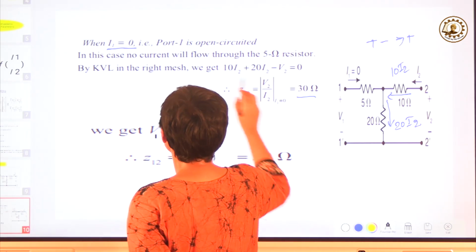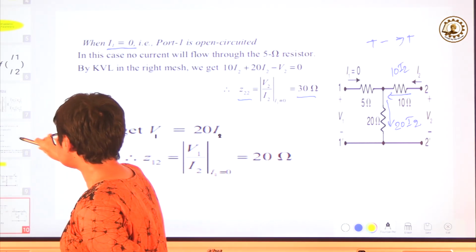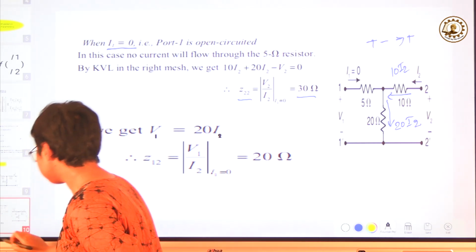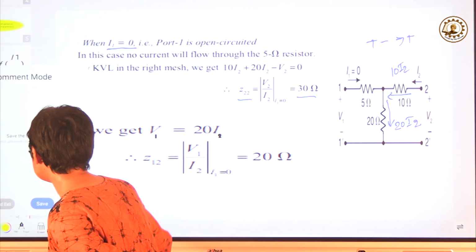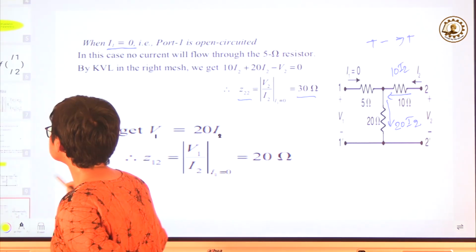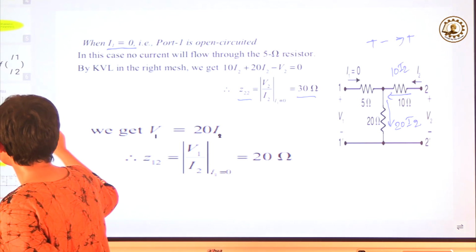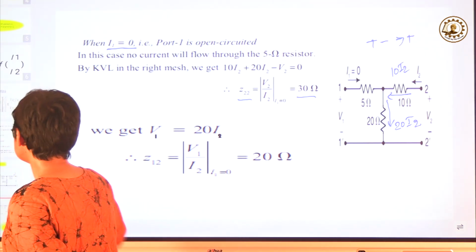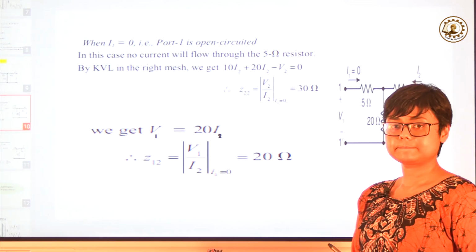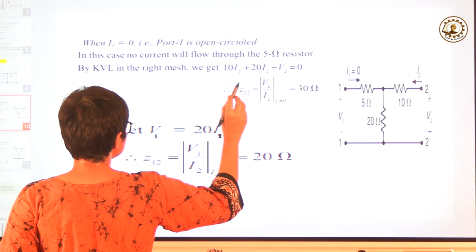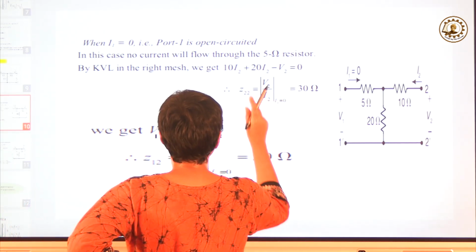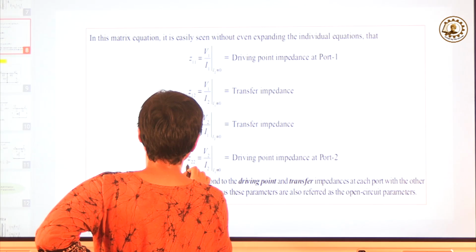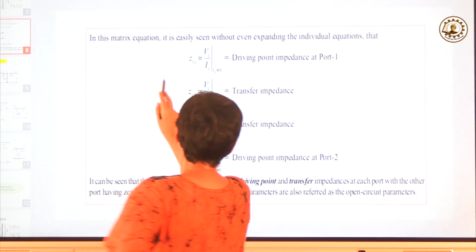Since I1 equals to 0, at this condition we can find both parameters, Z22 and also Z12.